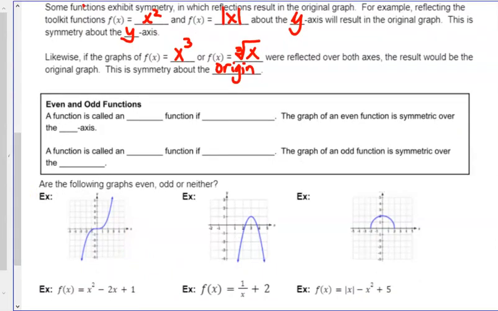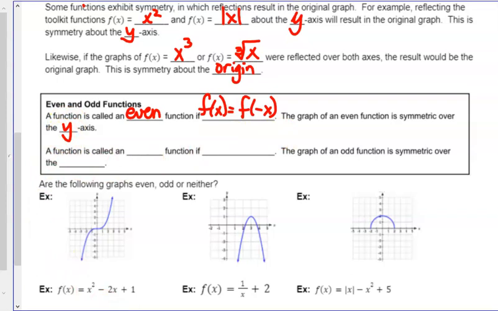And that is also going to help us with our even and odd functions. So we call a function even if f of x equals f of minus x. So if I throw negative x into my original function, I kick back the original function, we have a graph that is going to be symmetric over the y-axis, very similar to that x squared and that absolute value of x.